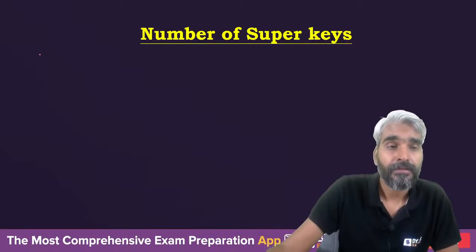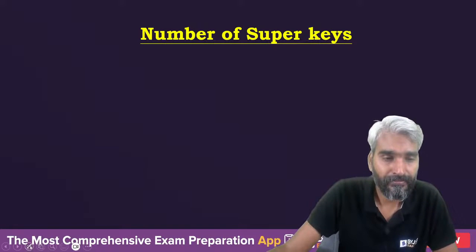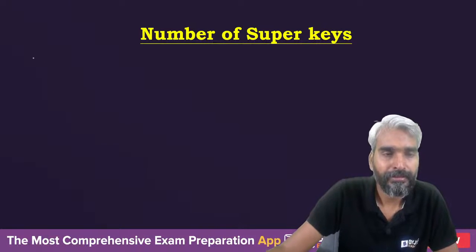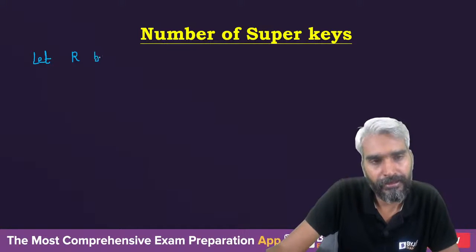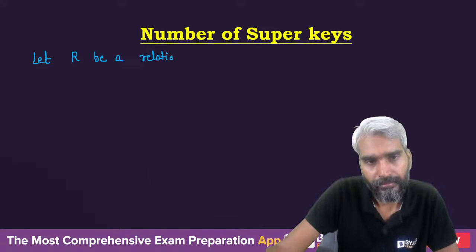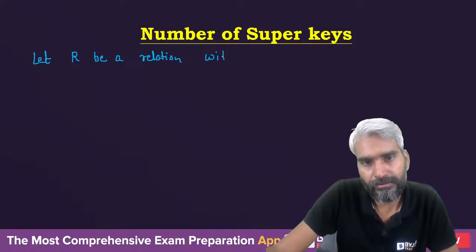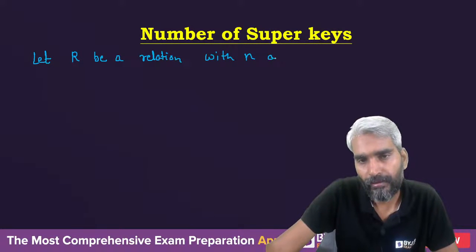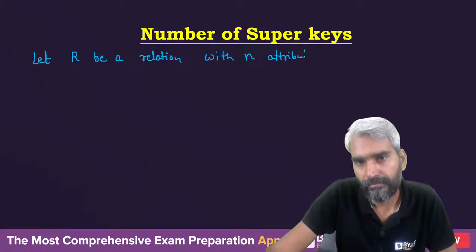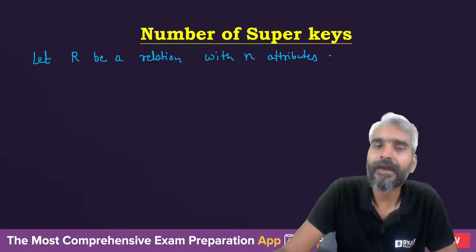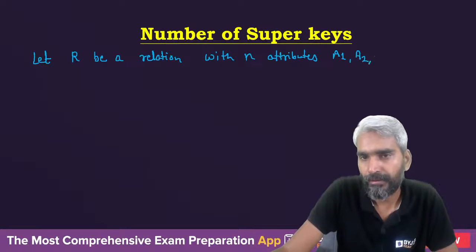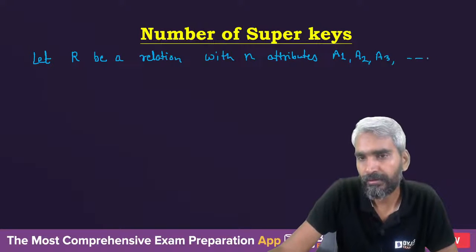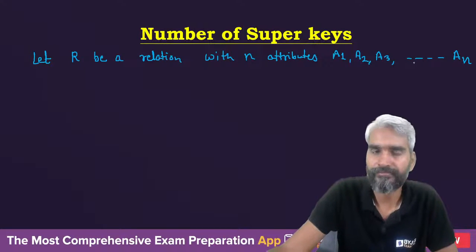Okay, let me define a problem. Let R be a relation with n attributes A1, A2, A3 up to An.